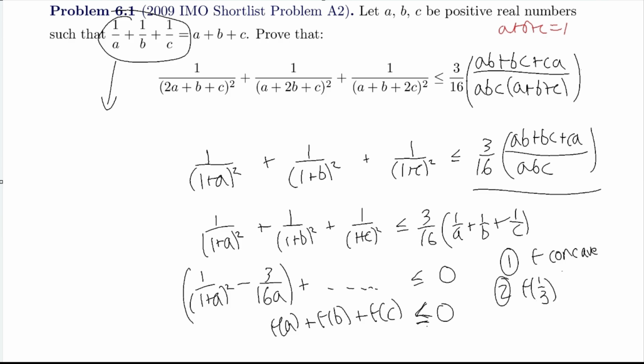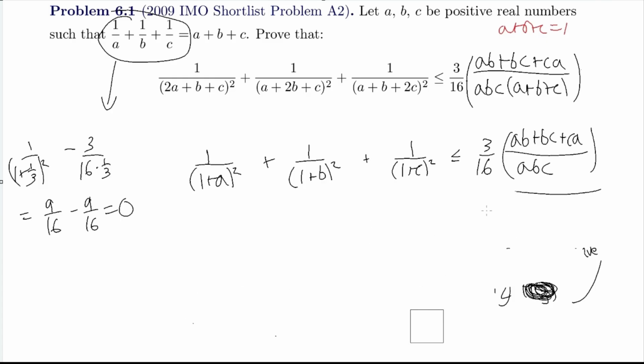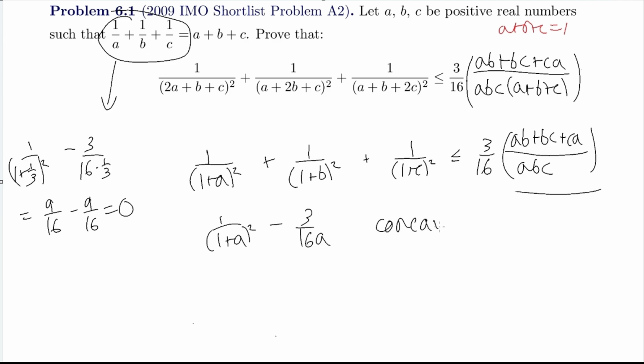When we plug it in here, we get 1 over 1 plus 1/3 squared minus 3 over 16 times 1/3, which is 9/16 minus 9/16, which is 0. So the second concern is checked. The only thing we need to check now is that the function we defined, 1 over 1 plus a squared minus 3 over 16a, is concave.